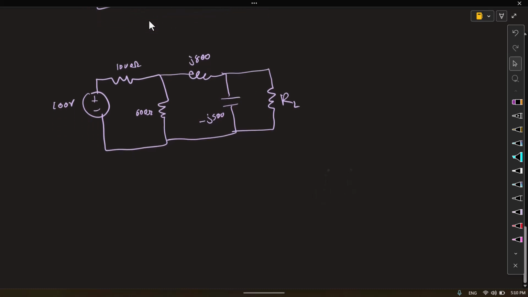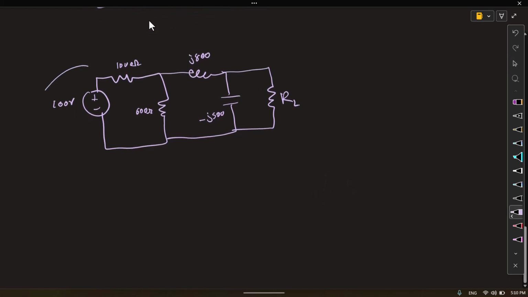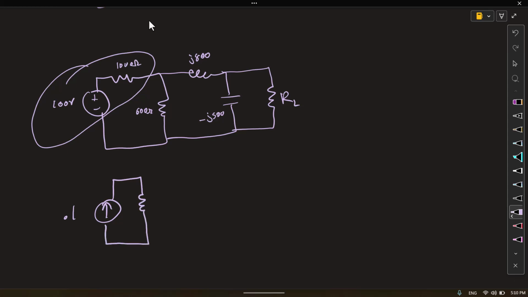So the first thing we do is a source transformation on these two, then our current source will be V over R. 100 divided by 1000 is 0.1. And I have 1000 here and 600 here.